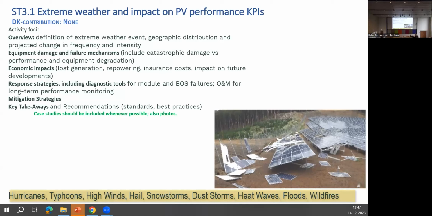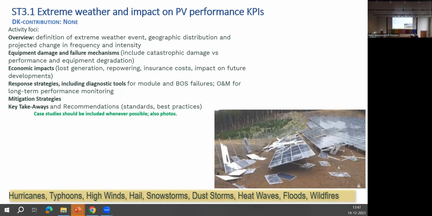So just listed below there: hurricanes or typhoons, high wind speeds, hailstorms, snowstorms, dust storms, heat waves, floods, wildfires.